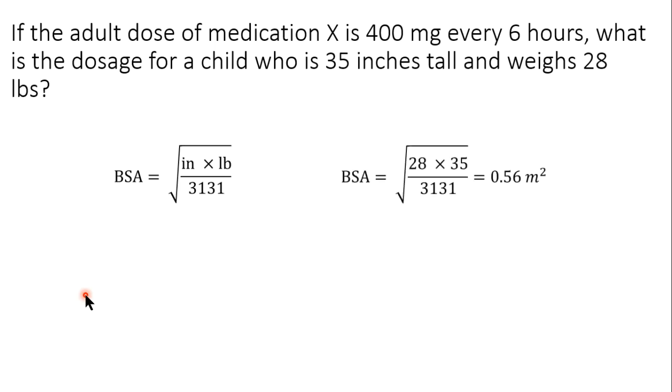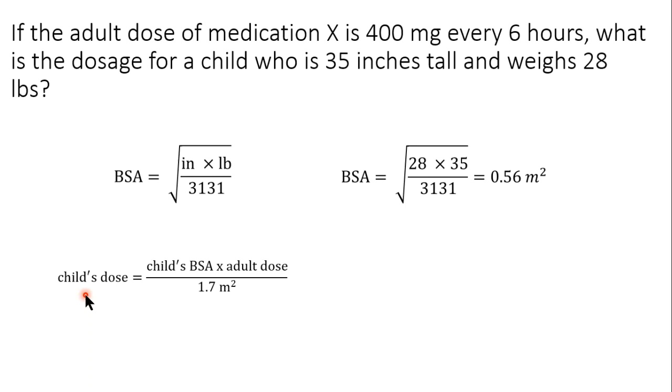So in this case, the BSA for this child would be the square root of 28 times 35 divided by 3131, which would give us a BSA of 0.56 meters squared, which is the units for BSA. Now we go into the formula for finding the child's dose.